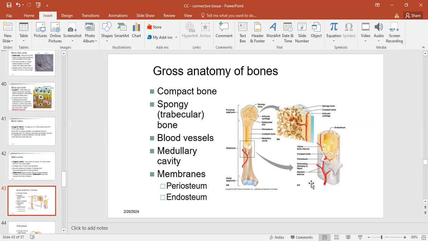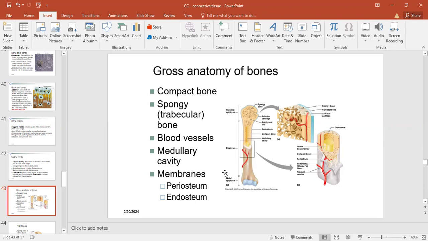And then you're going to find that all the long bones are going to have membranes around them and inside them, lining the inside. The membrane on the outside is known as the periosteum, and the one on the inside is known as the endosteum.